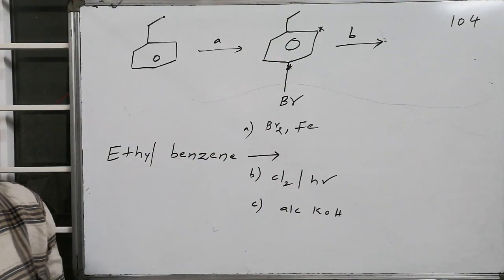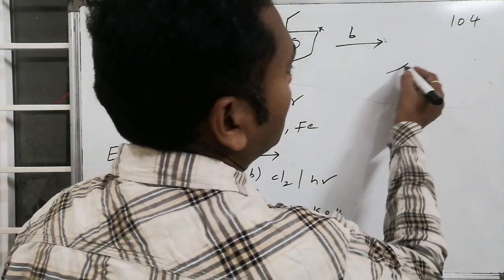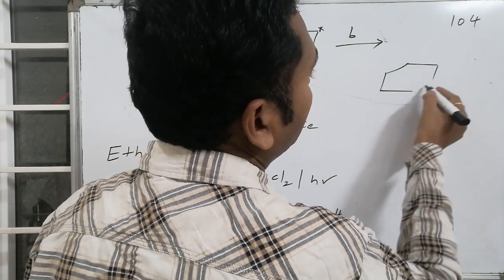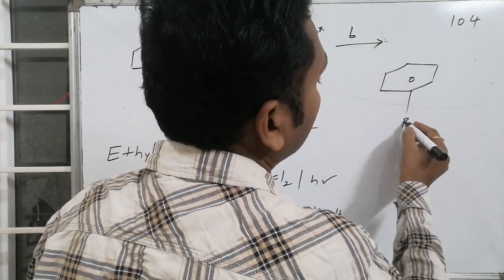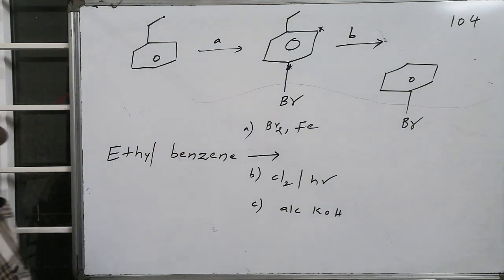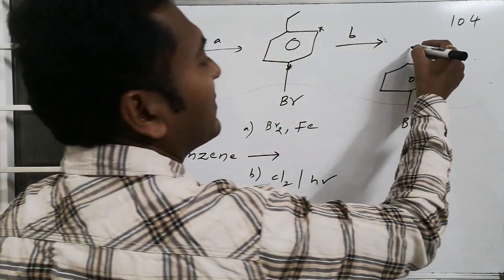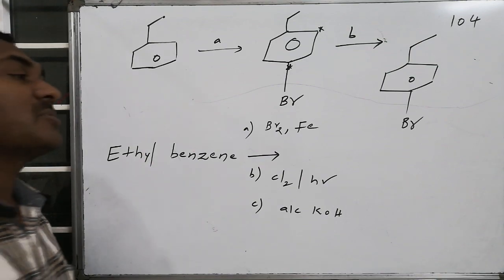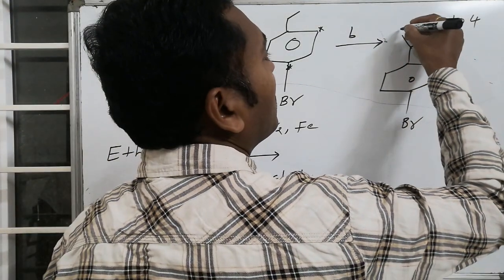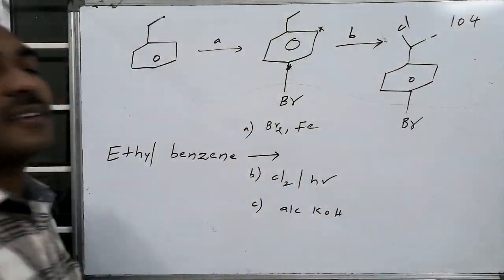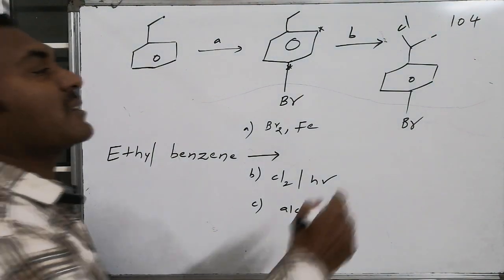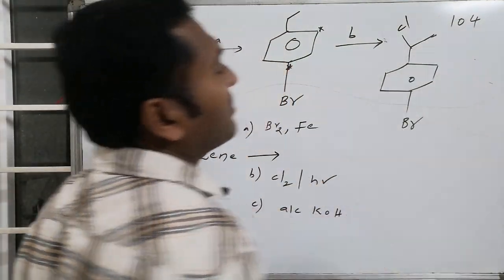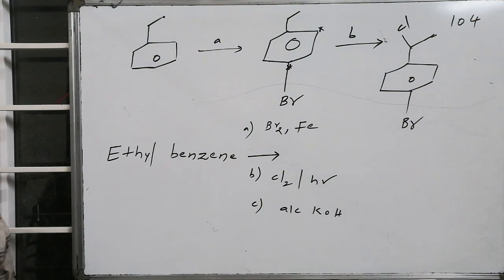That is, radical substitution occurs over here at the allylic or benzylic position. That possible allylic and benzylic position is this particular place. This is benzylic. Here radical is generated, that becomes more stable. Hence here chlorination occurs. This is the place where chlorination occurs, as it is allylic, as it is benzylic.